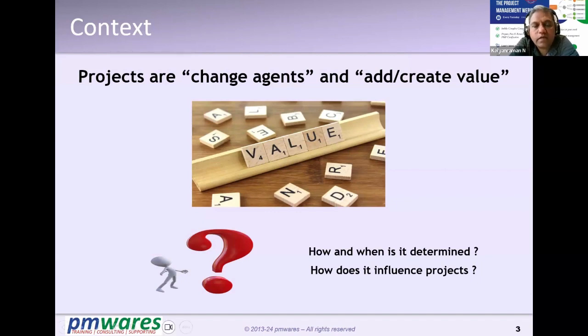Before we start, I have a quick poll for all of you. Vivek sir, can you please initiate that poll? Yes, just a minute. It's here. There are two questions.